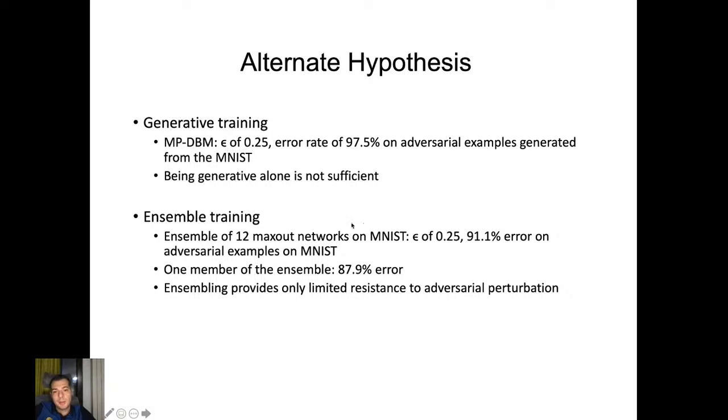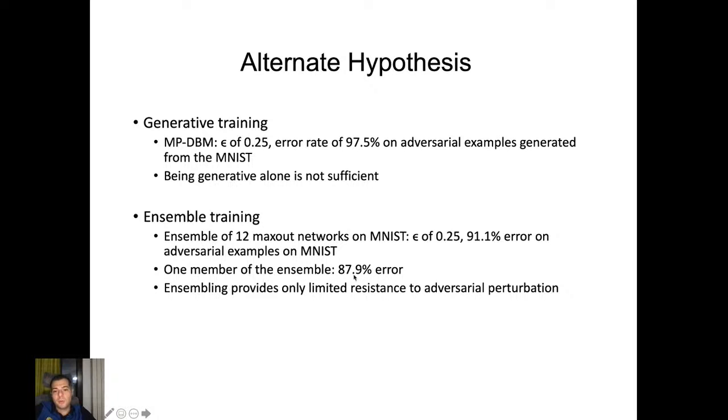And they also try an ensemble with 12 networks with maxout activations on MNIST, and again the noise magnitude is set to 0.25, and here they obtain a 91% error rate on adversarial examples on MNIST, whereas one member of the ensemble can have an error of 87%.